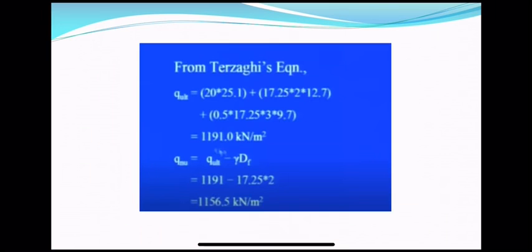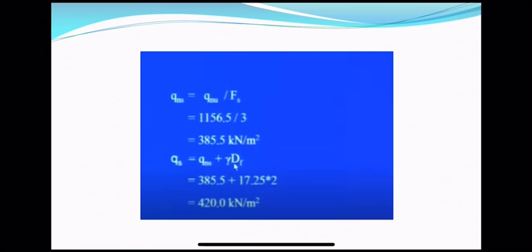Following the same approach, we can find the net ultimate bearing capacity as Q net ultimate equal to Q ultimate minus gamma Df, then net safe by dividing net ultimate by the factor of safety, and we get Q net safe as 385.5 kilonewton per meter square. Then finally we get Q safe as Q net safe plus gamma Df, which comes to 420 kilonewton per meter square.